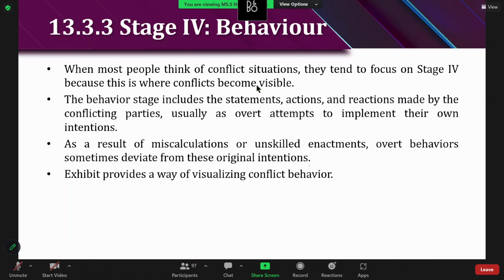So the behavior stage includes the statements, actions, and reactions made by the conflicting parties, for example party A and party B, usually as overt attempts to implement their own intention. This is where the overt attempts would be made. So as a result of miscalculation or unskilled enactment, overt behavior sometimes deviates from the original intention.